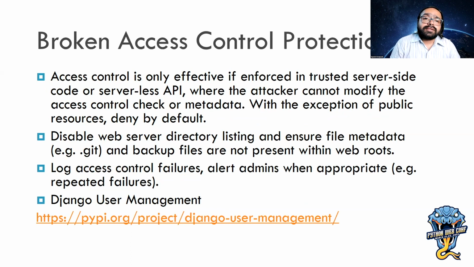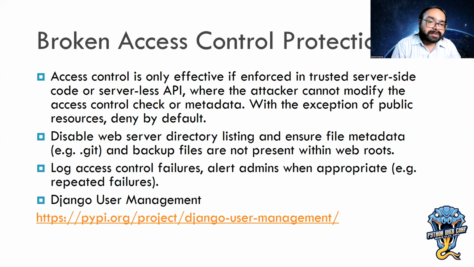Then, to achieve protection against broken access control, wherever the attacker cannot modify the access control check or metadata, with the exception of public resources, deny by default. Then disable web server directory listing.